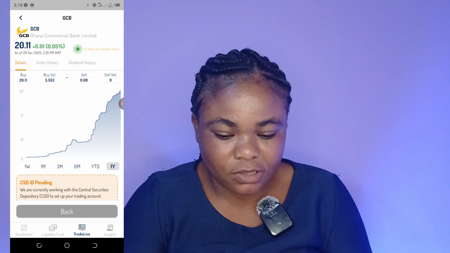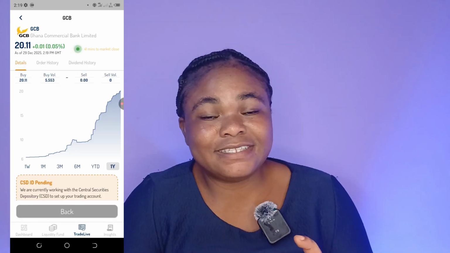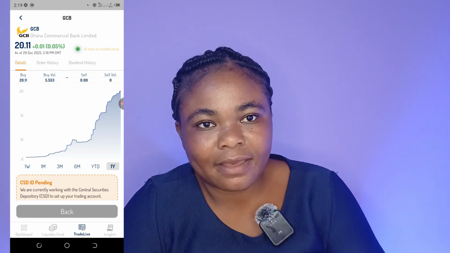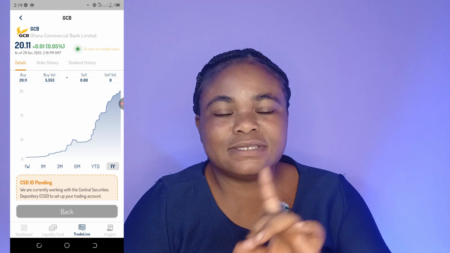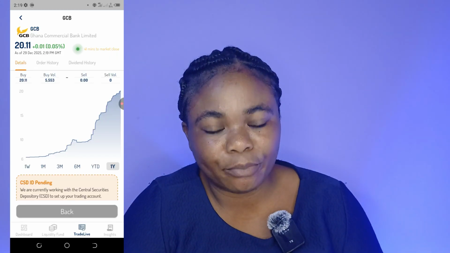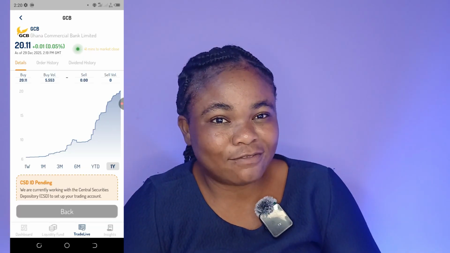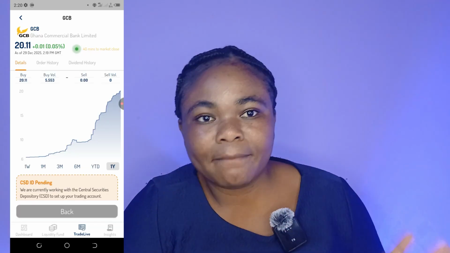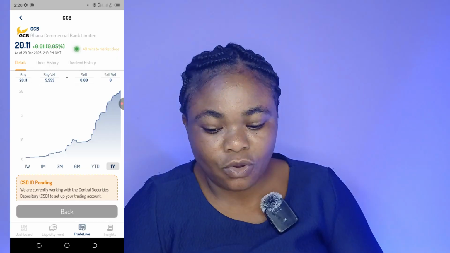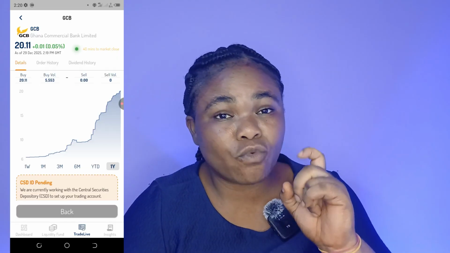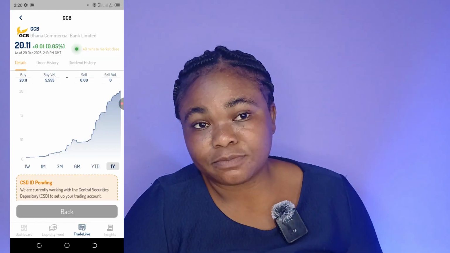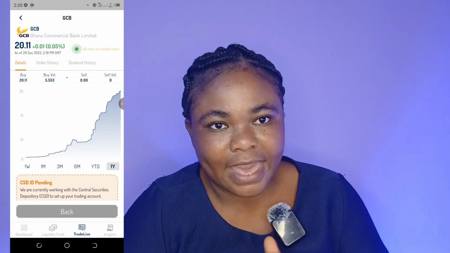Yes, because the 20 cedis 11 pesos is the price the buyers want to buy at, but no one wants to sell their stock. That's why the sell place shows 0.00. Those who have the stock haven't named any amount they want to sell at. So if you want to buy GCB stock right now, I hope you are not going to get it, because no one wants to sell their stock.